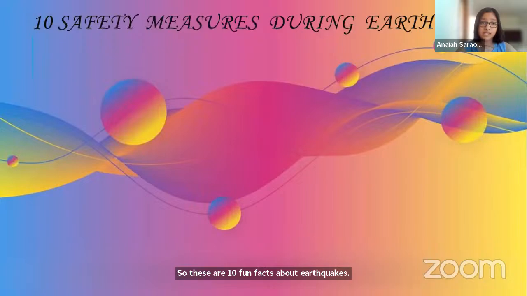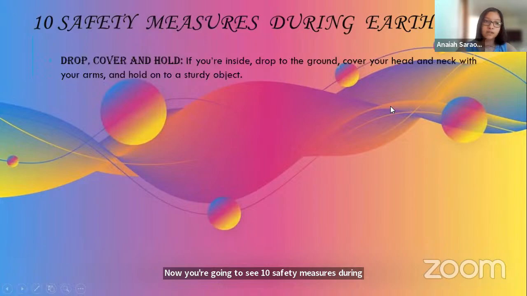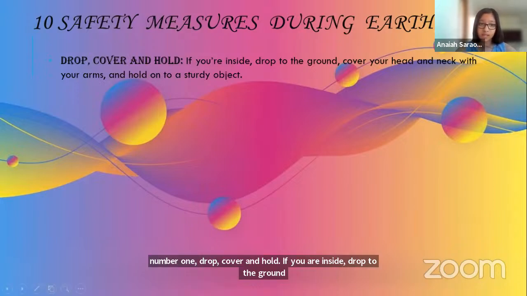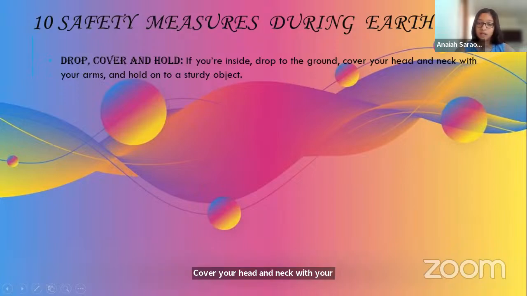Now we're going to see 10 safety measures during earthquakes. Number 1, drop, cover, and hold. If you're inside, drop to the ground, cover your head and neck with your arms and hold on to a sturdy object. If possible, crawl under a table or desk for protection.